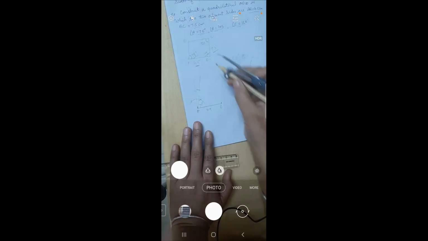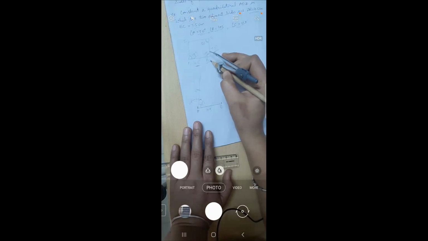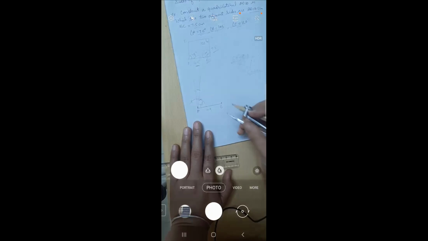Now from B you have to construct 105. From B, draw a semicircle and cut the arcs on the semicircle. The first arc will be 60 degree, the second arc 120 degree.